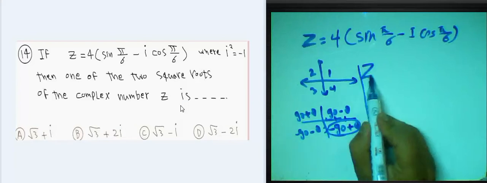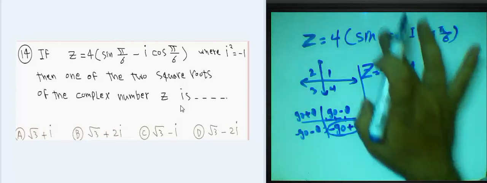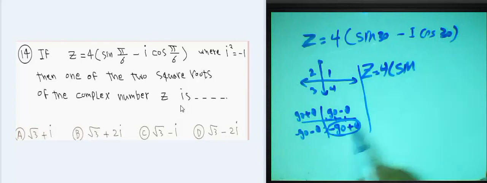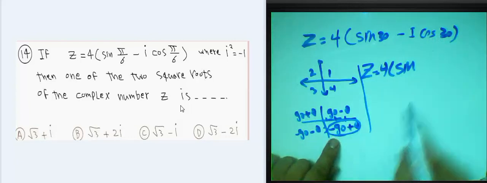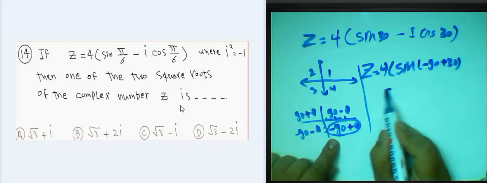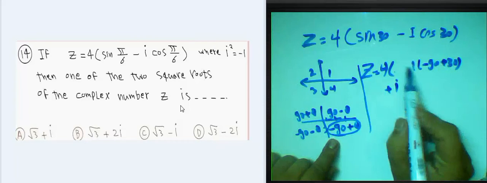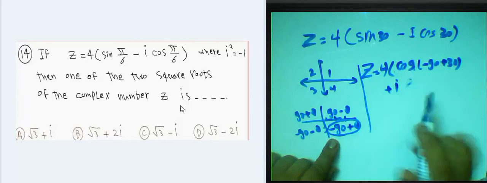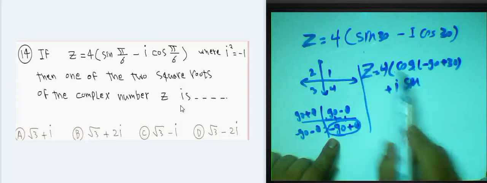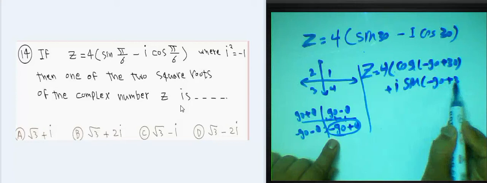In the fourth quadrant we can write 4 here. Look at π/6, it is 30 degrees. Then this angle is negative 90 plus 30, and for the imaginary part, sine becomes cosine and cosine becomes sine, with the angle negative 90 plus 30.